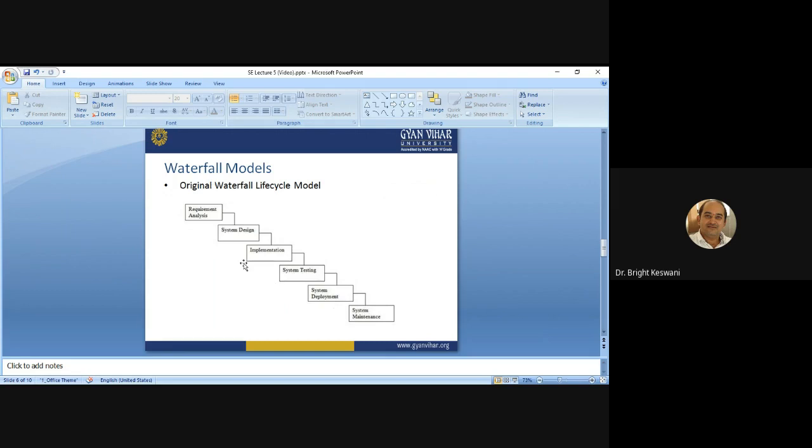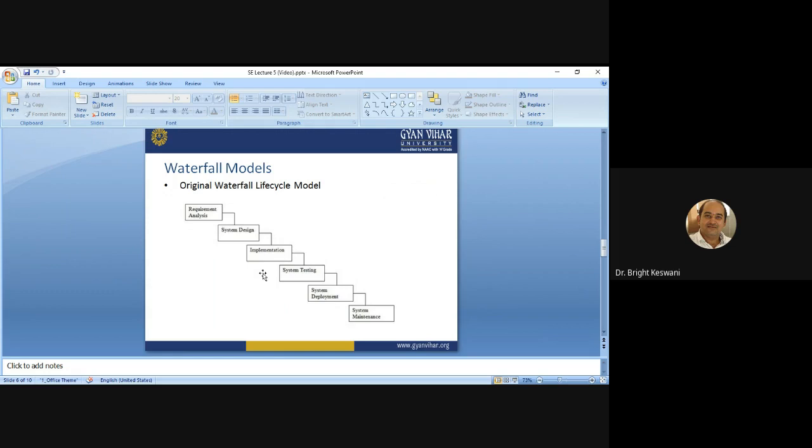But you cannot restart the second stage again, the third stage again, the fourth stage. So, in a nutshell, this is the one-way street with no turning back. Okay, and this is actually the limitation of this original waterfall life cycle.